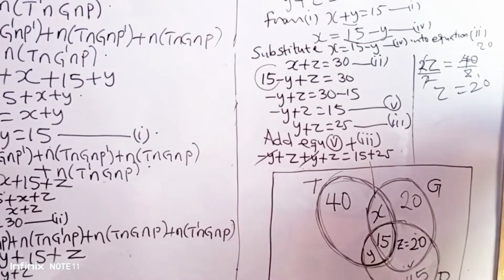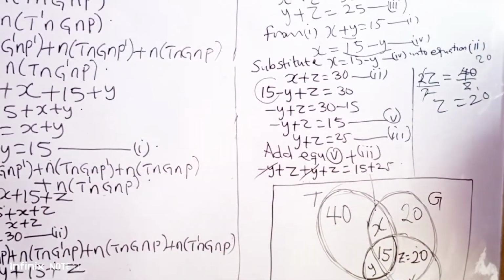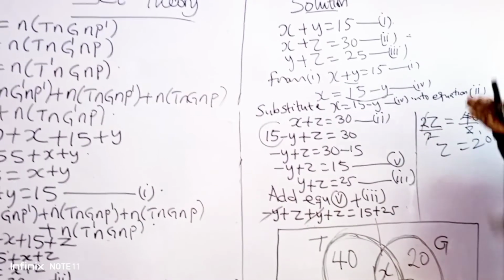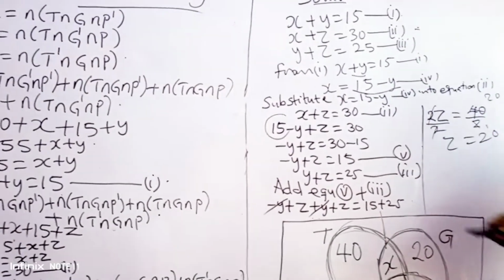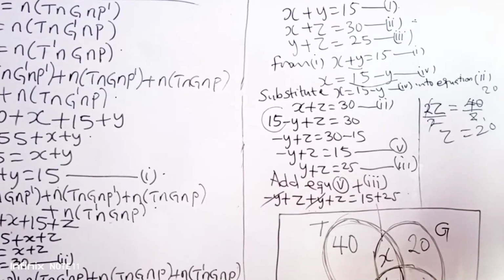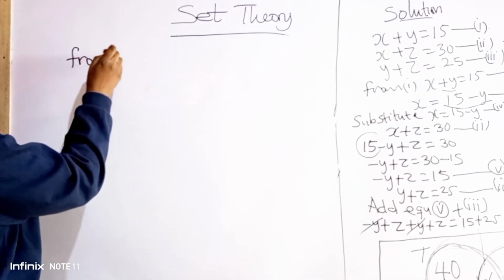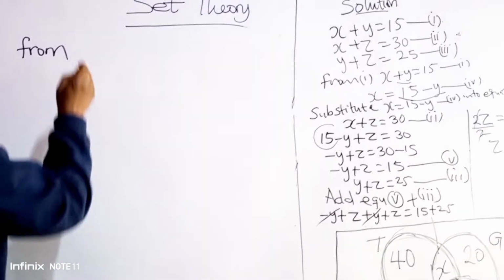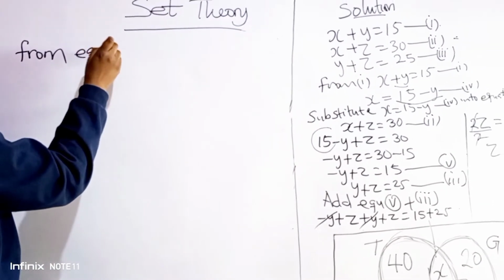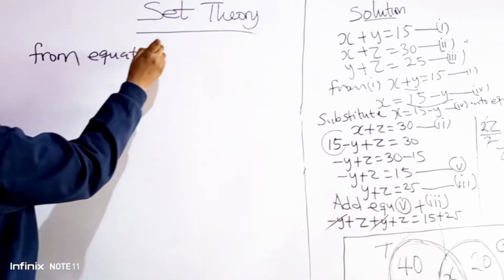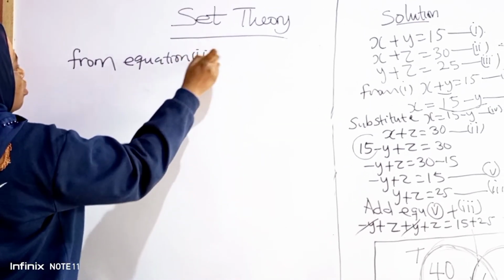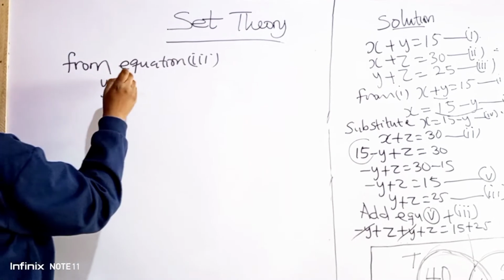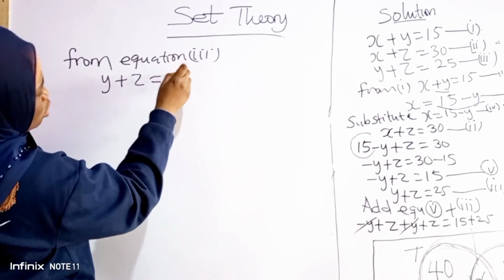Now, having known the value of z, I can quickly find the value of y from equation 3 or equation 5. Which one do you say we should take? Equation 3. Our equation 3 is y plus z is equal to 25.